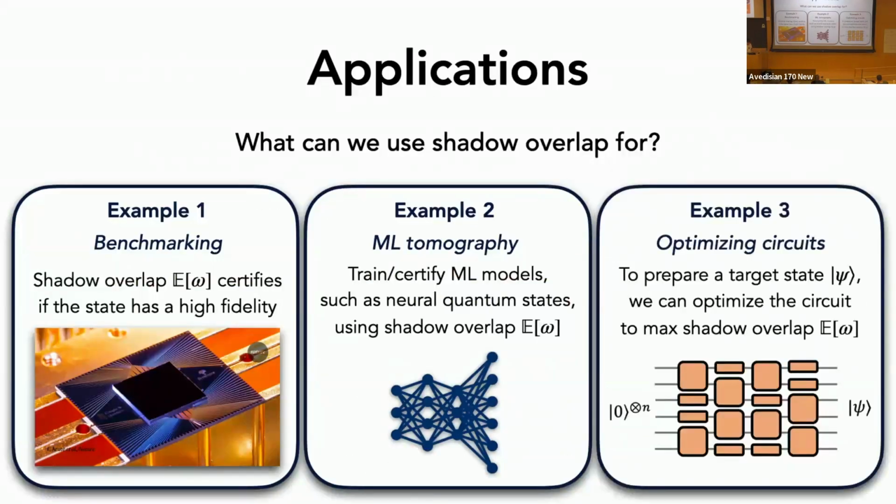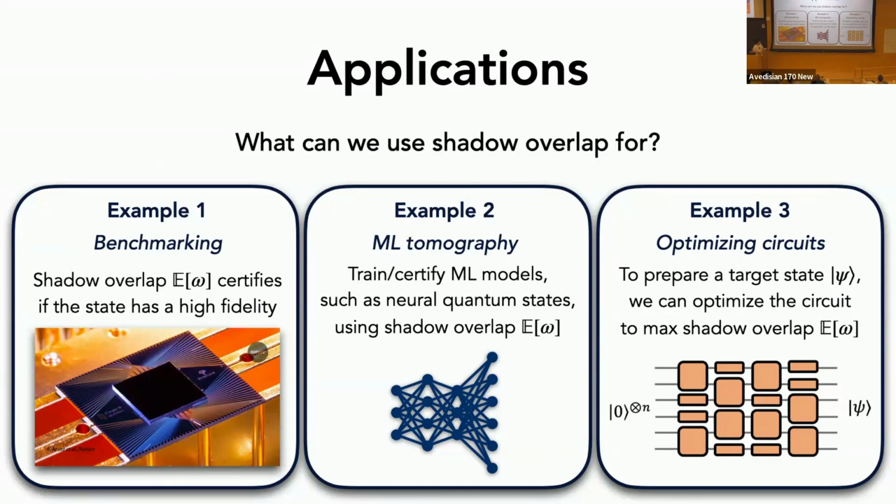Another example is in optimizing circuits. Say the goal is to prepare a target state psi, and we want to optimize some circuit so that it produces the desired state psi. But how can we check whether we have prepared the desired state? One way is to do this certification procedure.